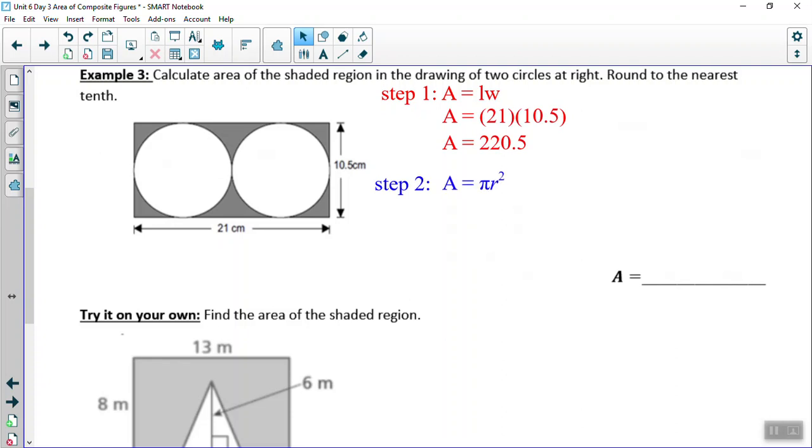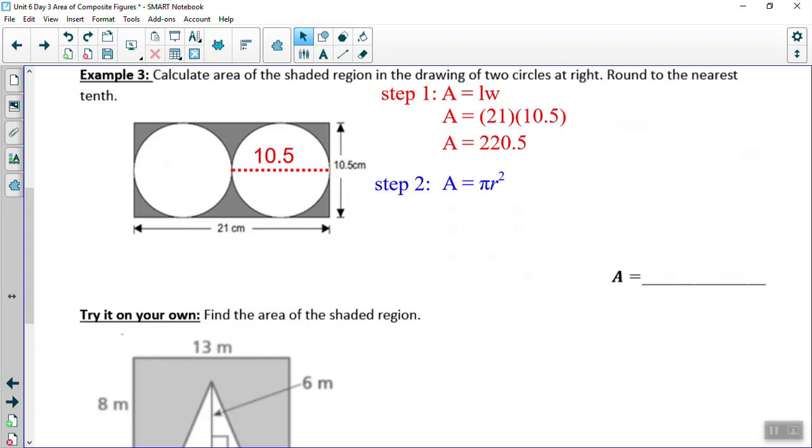All right, well, that means that we need a radius of these circles. Well, if the height of my rectangle is 10.5, we can see that these circles go from top to bottom of that rectangle. So we can say that its diameter is also 10.5. Whether I look at diameter as a vertical line or a horizontal line, it's not going to matter.